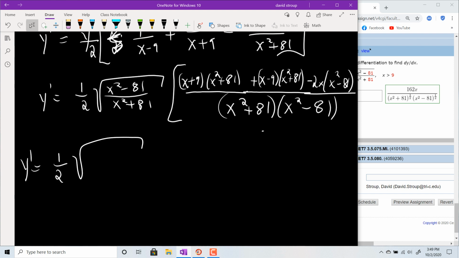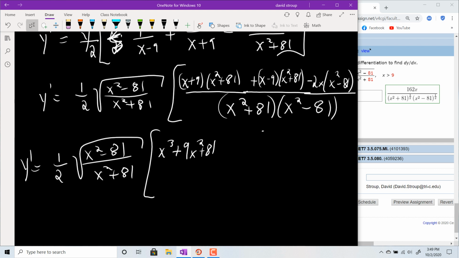1/2 square root of x squared minus 81 all over x squared plus 81 times FOIL. So we have x cubed plus 9x squared plus 81x plus 81x plus 729.